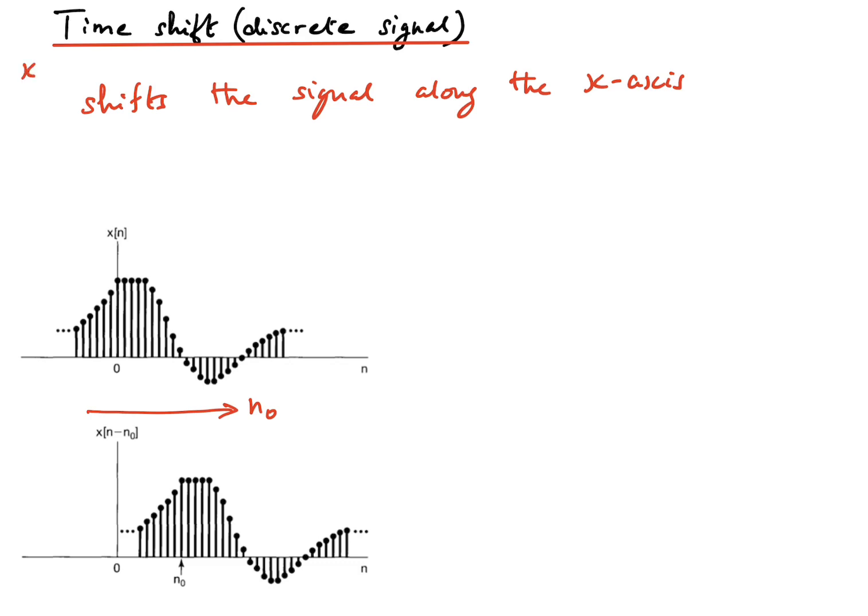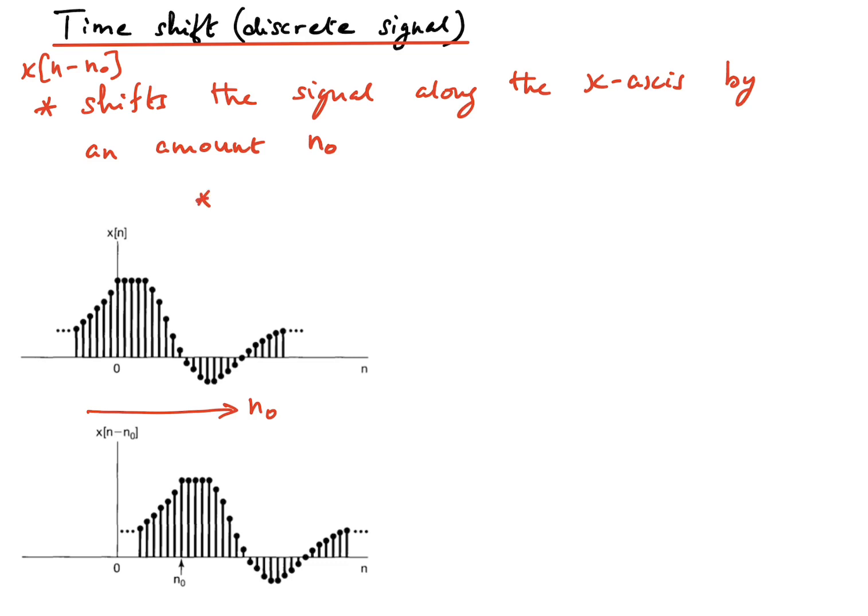So when we say x of n minus n naught, it shifts the signal along the x-axis by an amount n naught. That's the first property.